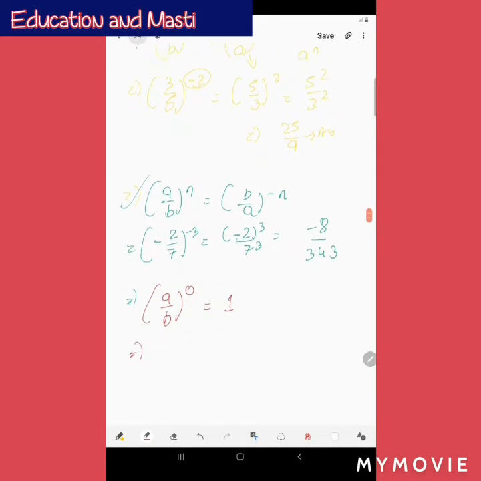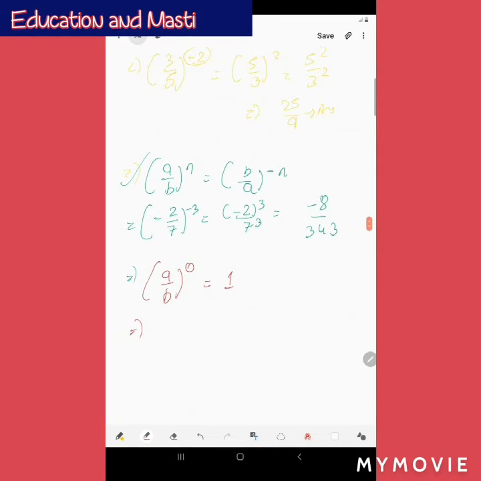Remember, whatever the base is, if the power is 0, the answer will be 1. Like suppose I take the example 5 by 3 to the power 0. Our answer will be 1 directly. You write 1, nothing else we have to do. Okay, so this is about law 2.